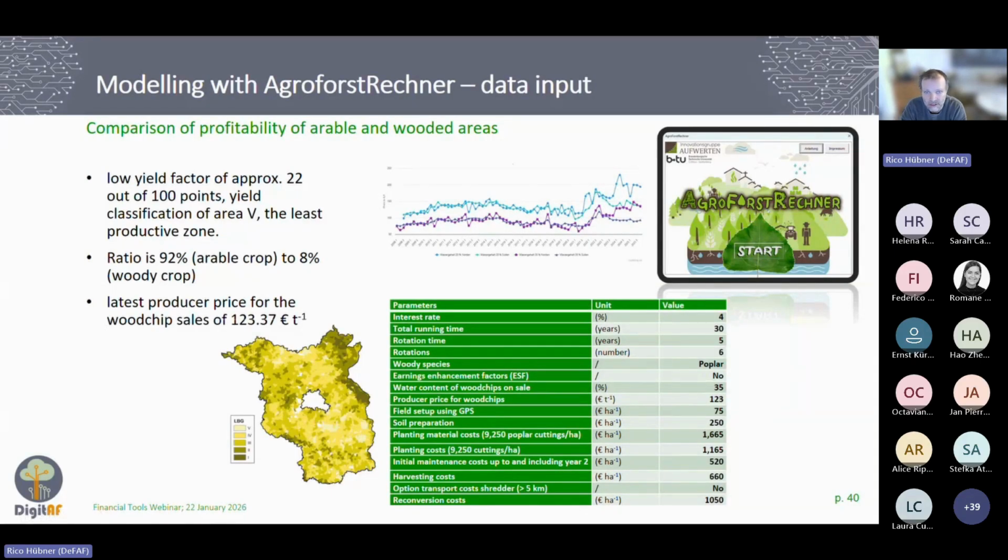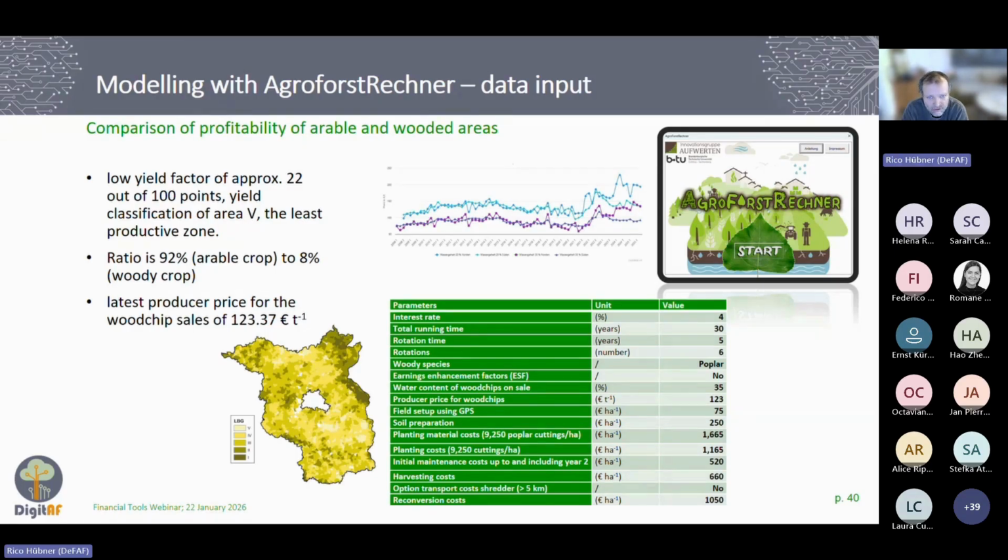He currently grows in the arable agroforestry system a ratio of 92% arable crops to 8% woody crop. The latest producer price at which he could sell his wood chips was 123 euro per ton. This was the base of this estimate, but if you remember the graph, it can be up to 200 or even higher.